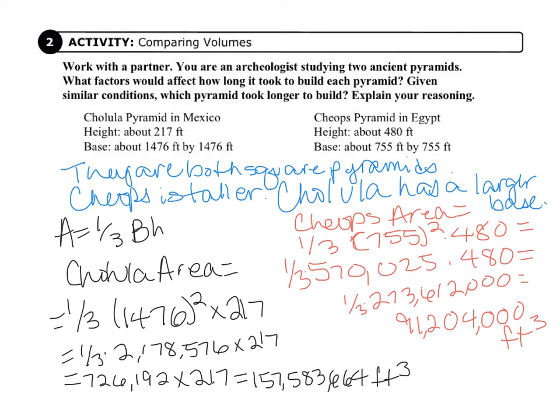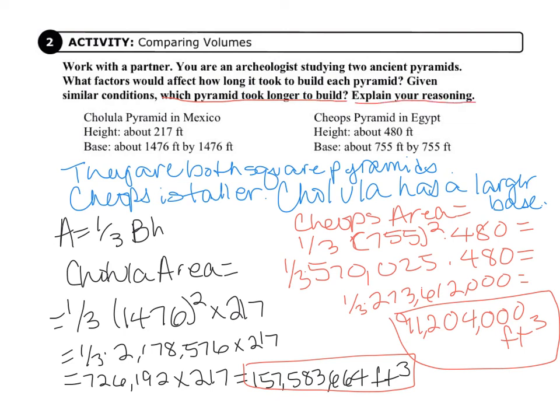Always remember to put that unit. So back to our question. The question was, which pyramid took longer to build? Now that you have the two volumes, I am going to let you answer which pyramid took longer to build and explain your reasoning.